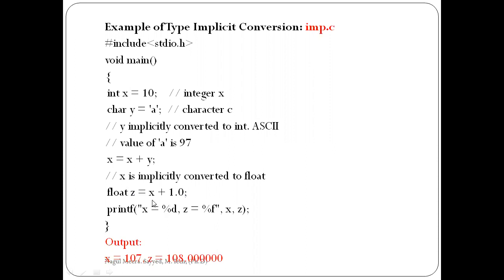That means I am adding x value with 1.0. x is a pure integer plus 1.0 is the float value. So this result is assigned to z. That means 1.0 plus 107, that means 108.0.